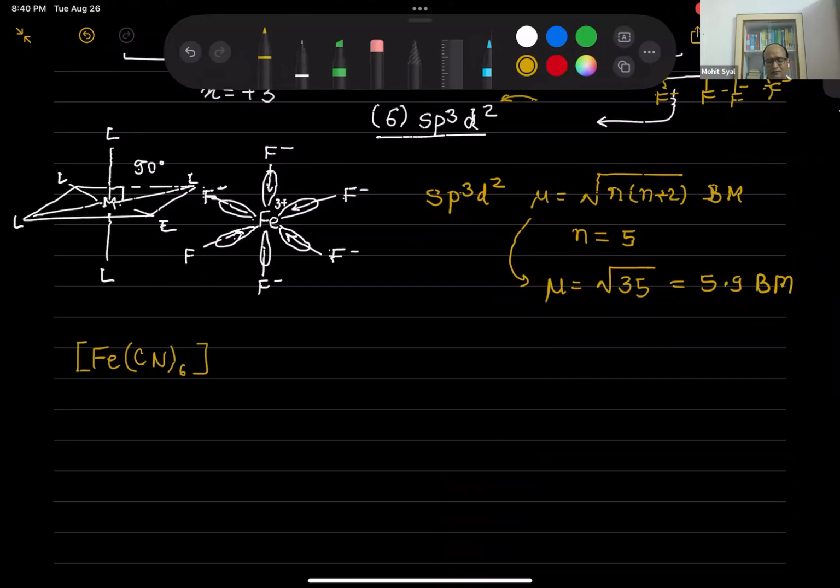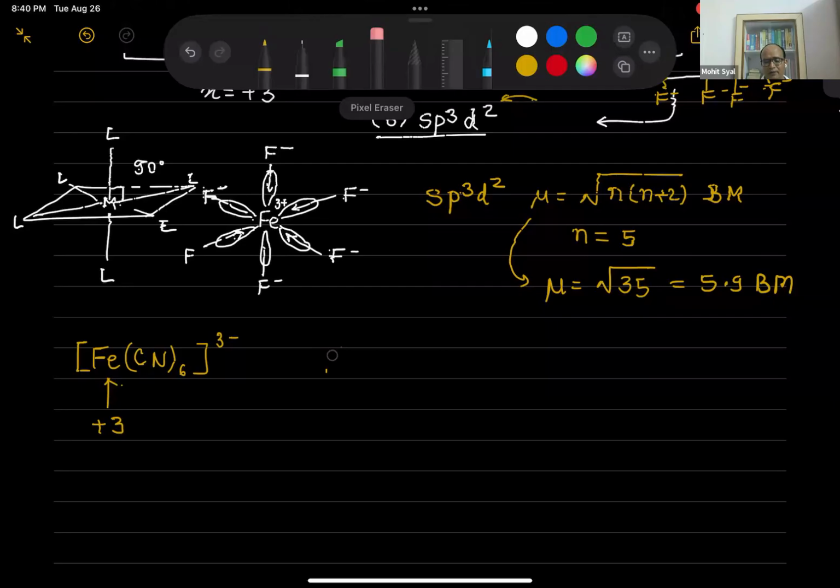If you notice, this is the same iron 3 plus, the charge of the iron is 3 plus, but instead of F minus, we are dealing with 6 cyanide ligands. Got it? So now, will there be any difference?